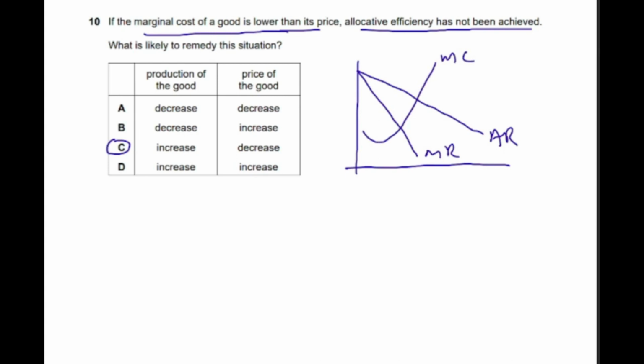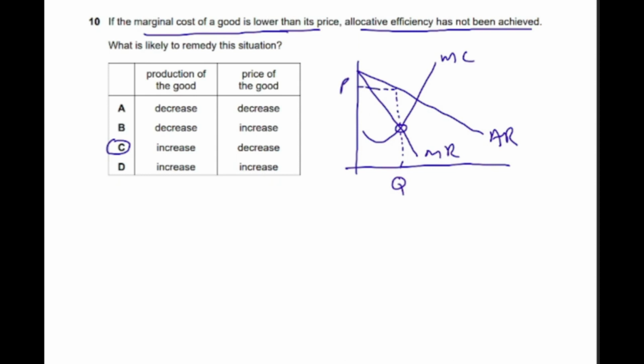What imperfectly competitive markets generally do is they produce where marginal cost is equal to marginal revenue. So this is the point where initially firms will be producing, and this is the price the firm will be charging.